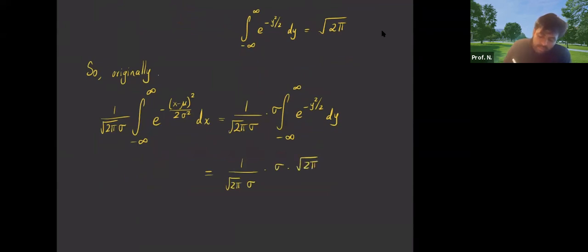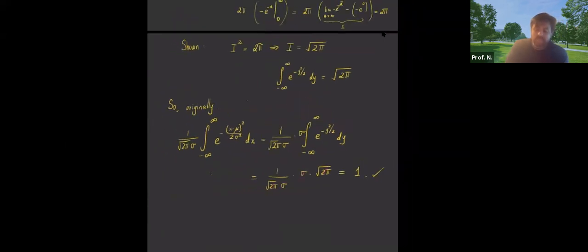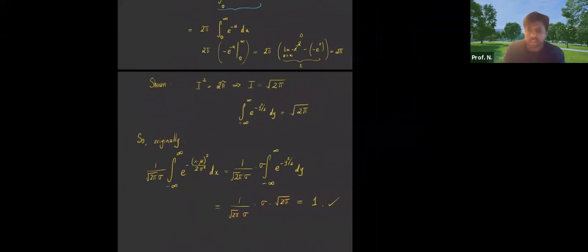So then you have things that cancel out. And this indeed equals 1. So all of this was just to show algebraically that the PDF indeed is a PDF, because the integral of that PDF from negative infinity to infinity equals 1.